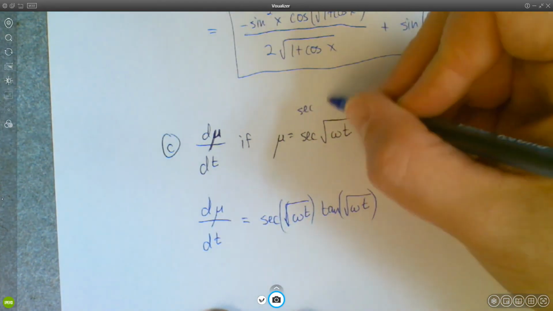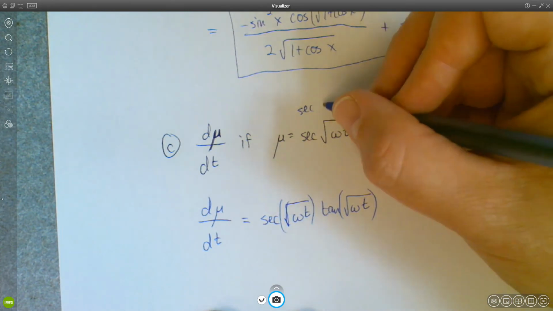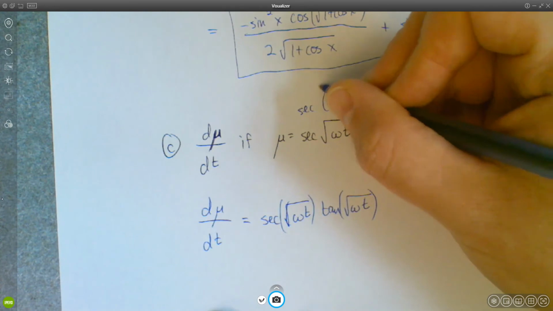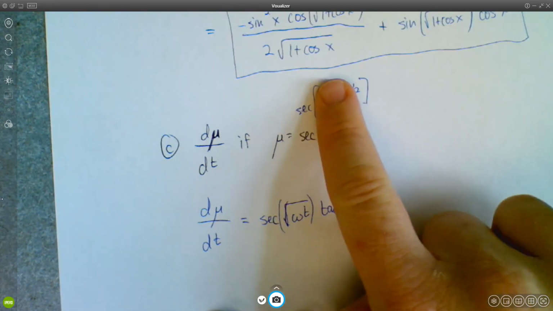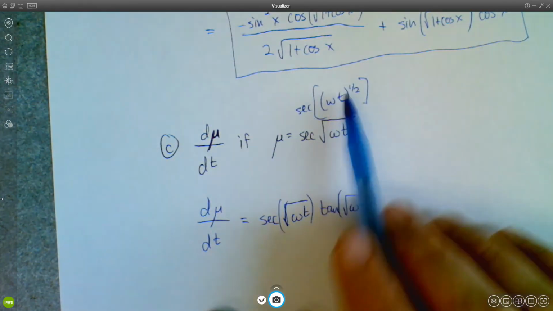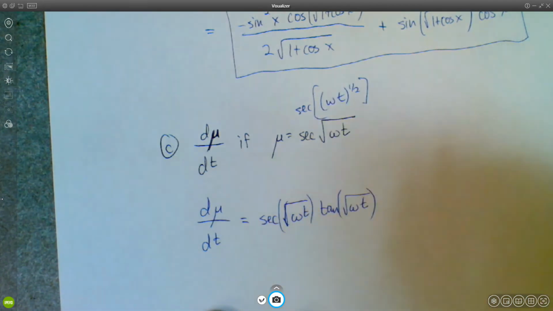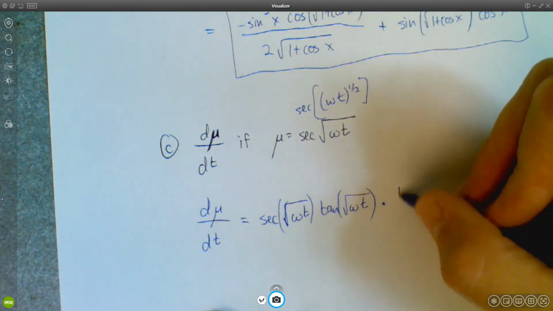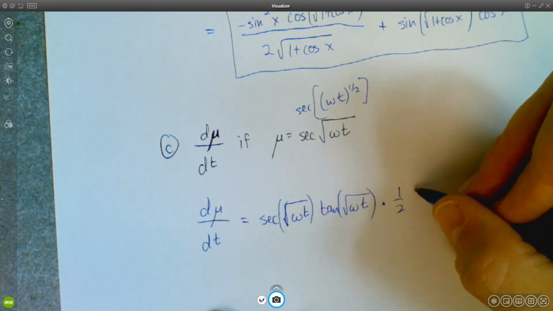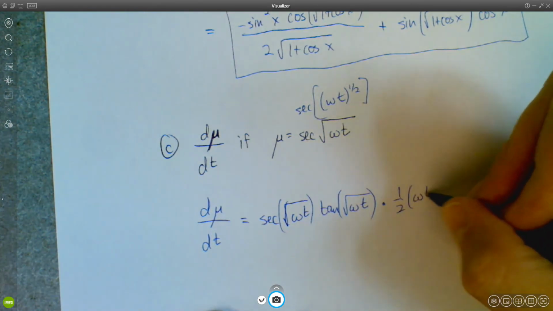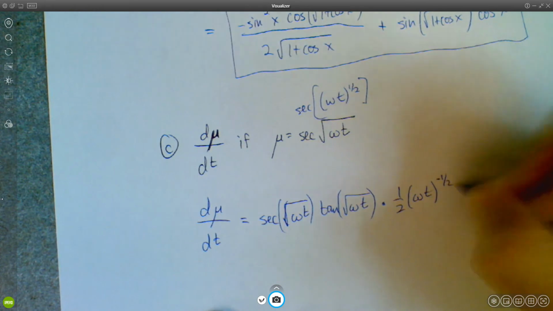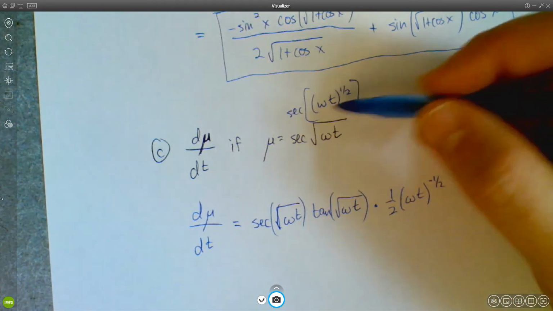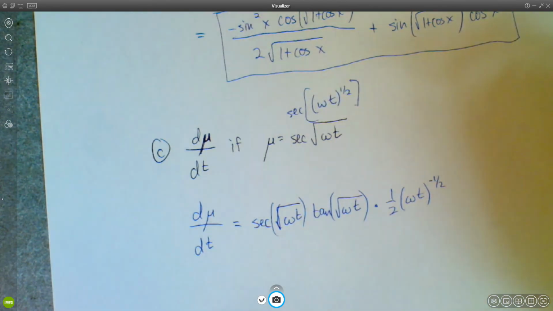And then the function that we have in the middle is this something to the 1/2 business. So the next level down would be 1/2 times omega t to the negative 1/2. And then the innermost function is this omega t.